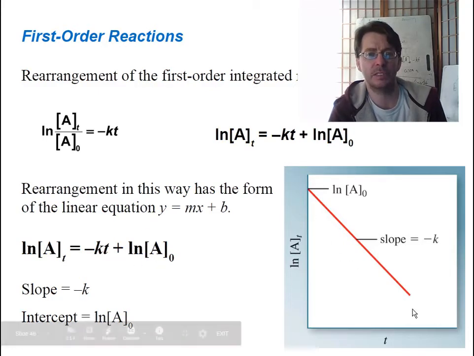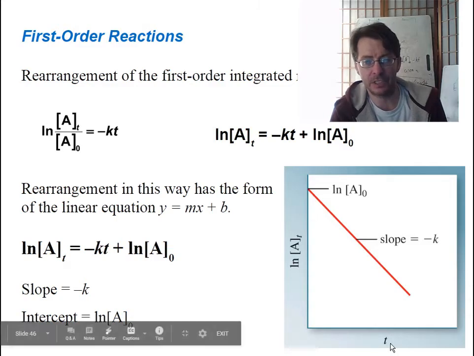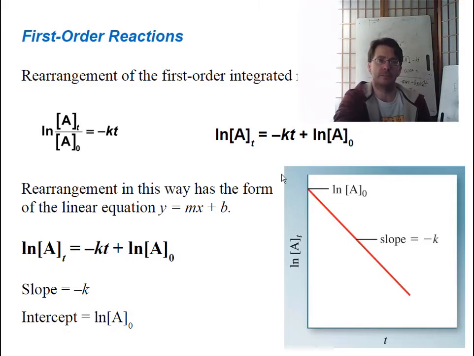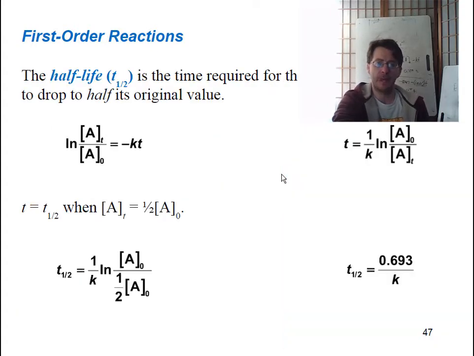And so you can tell from the slope, if you plot this the right way, natural log of A as a function of t, this line should be straight. And so you could determine that graphically. That's actually how we figure out whether things are first order or not. Okay, you can turn your brains back on again.